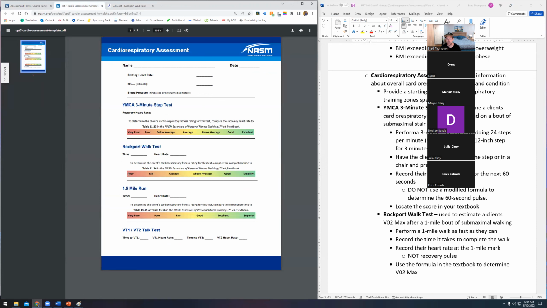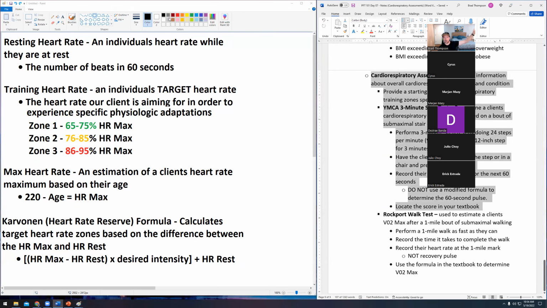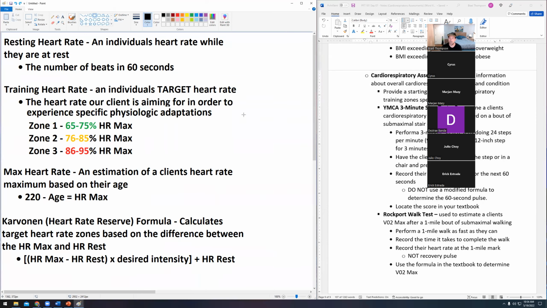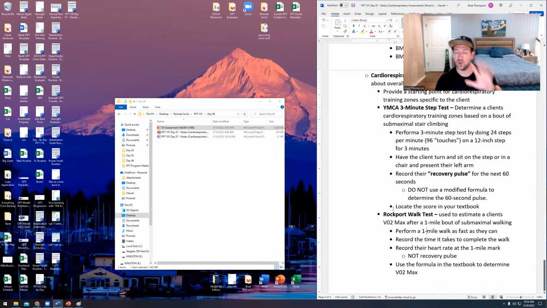So again, we're going to mark our client poor, fair, average, above average, good, or excellent. And that will put them in zone 1, 2, or 3, depending on how well they performed. And so I go back and use my cardio assessment from the beginning to determine that, right?